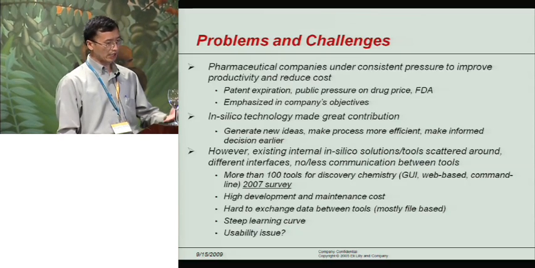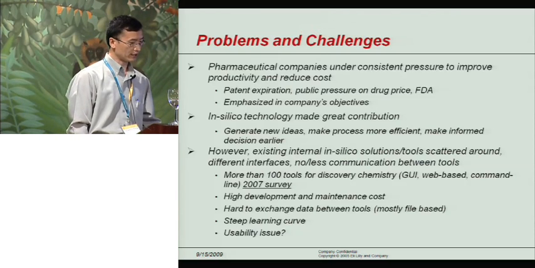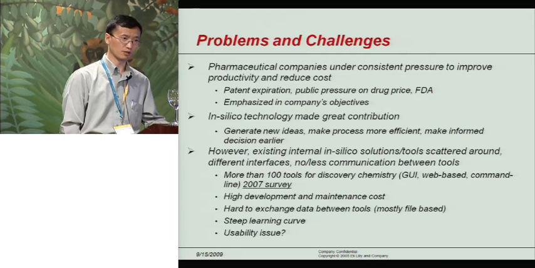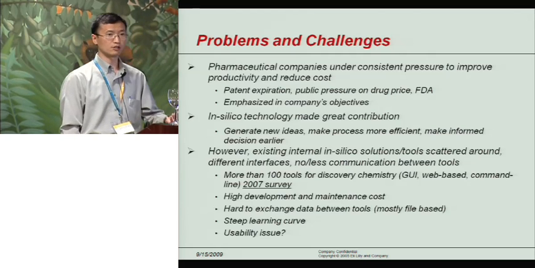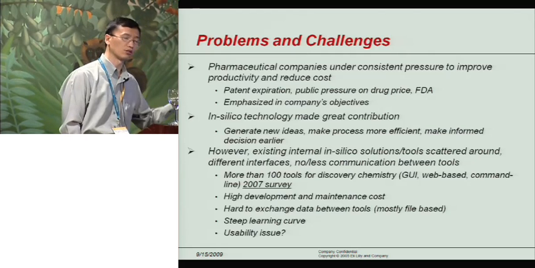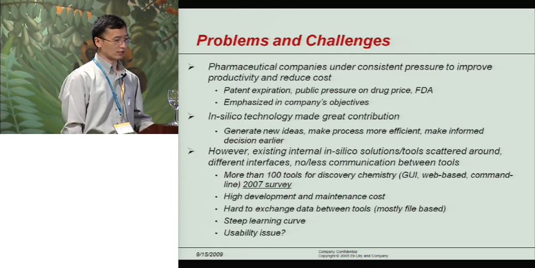Because they are scattered around, the maintenance cost is quite big, and it's also hard to exchange data. Most of the time, users load a file, run the tool, export to a file, load it into a different tool, and run again. So it is quite difficult.